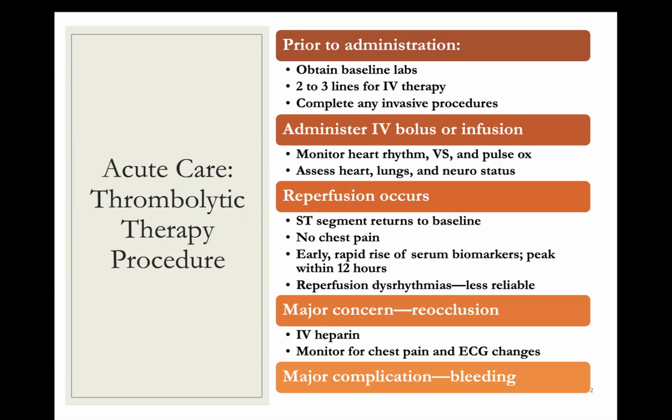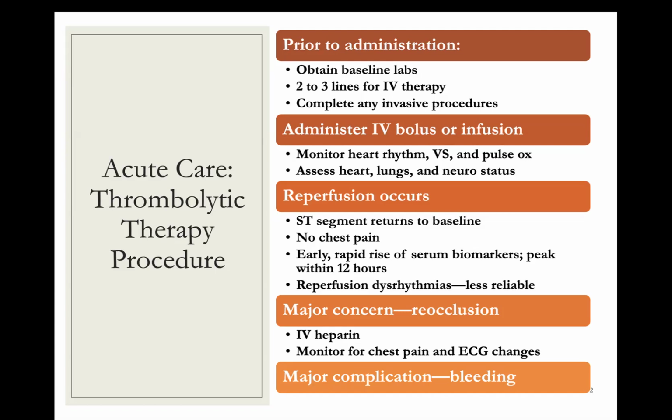All right, if the patient is getting thrombolytic therapy, we would want to make sure that we're getting baseline labs, that we would have 2 to 3 lines for IV therapy, and that any invasive procedures that need to be done have to be done before we give the thrombolytics because of bleeding risk. We're going to monitor heart rate, rhythm, vital signs, pulse ox, assess heart and lung sounds, and neuro status.